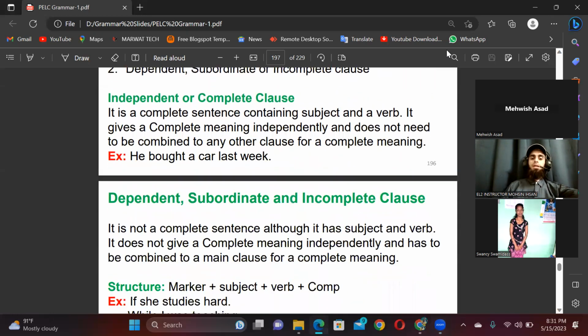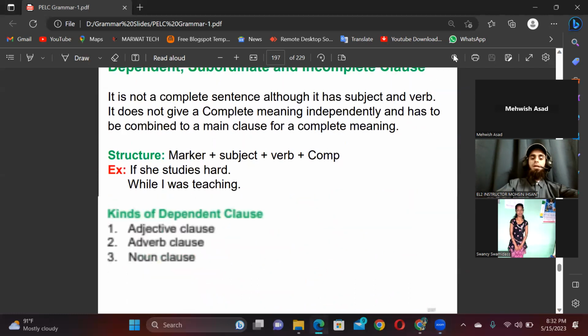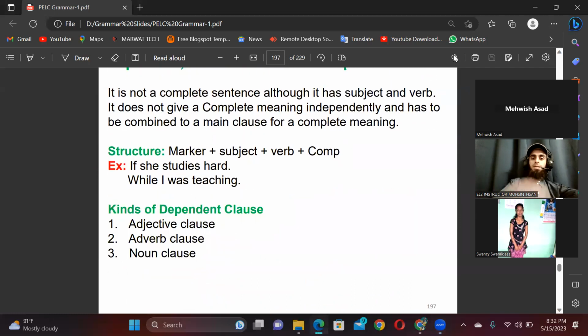Now in independent, you can see the first example: He bought a car last week. It is fine, the meaning is completed. But if the meaning is not completed, then we call it a dependent class. For example, while I was teaching. So what happened?